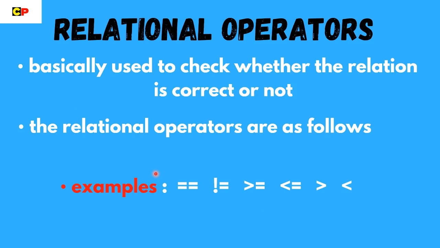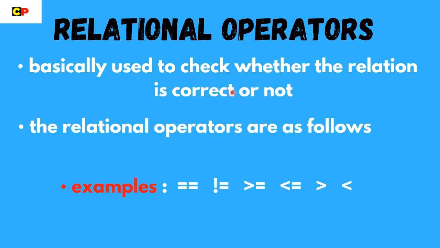Moving forward in this video, we'll talk about the relational operators, what they are. So relational operators are basically used to check whether a relation is correct or not. Suppose you have a scenario where you want to compare two numbers, or check the relation between two numbers, whether they are equal, or greater than, or not equal to each other.